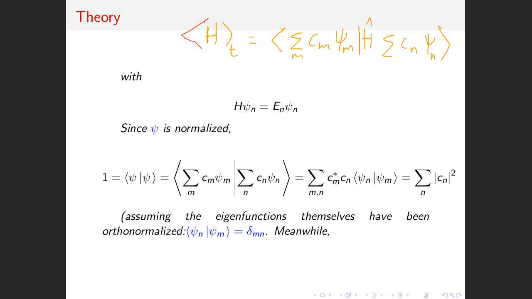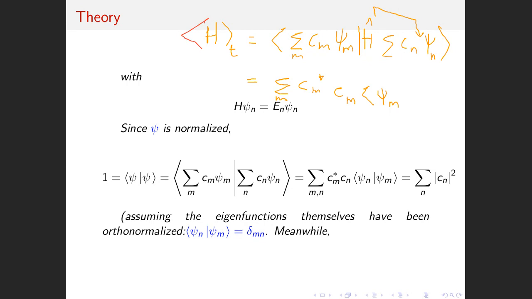And then we know that H acting on psi_n, what does that give you? We're just repeating the same procedure. So C_m star C_n, we're left with psi_m.